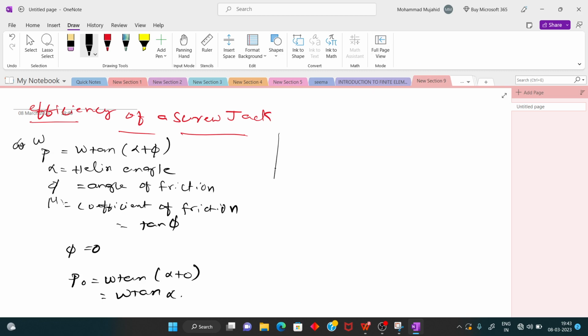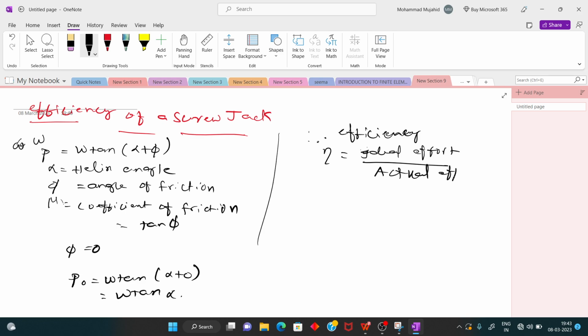Therefore, efficiency will be equal to ideal effort by actual effort, so that will be P naught by P, W tan alpha by W tan of alpha plus phi.